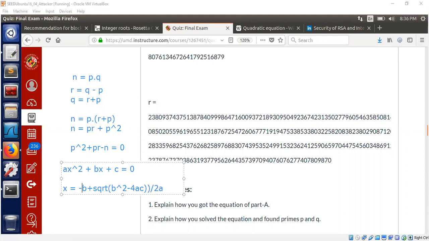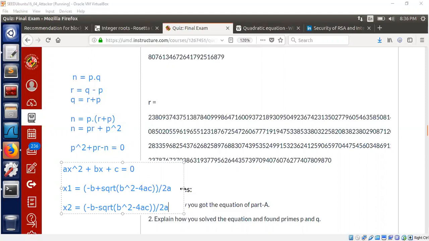We do know that part. This is one root, let me call this x1. Another root is the same thing, just minus b minus square root of b square minus 4ac, over 2a. So we do know how to solve quadratic equations.